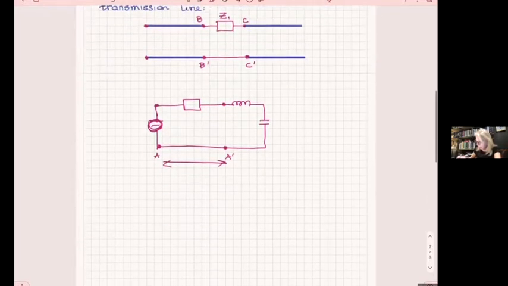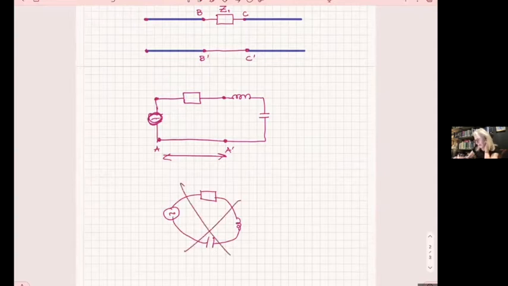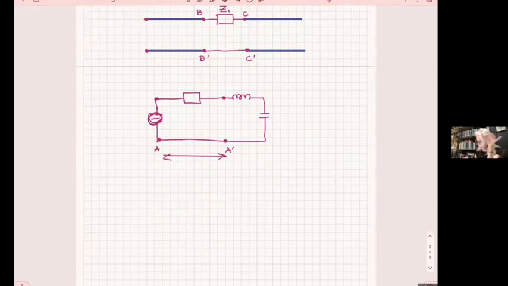Another way of avoiding this would be to do it like that, which we don't. It's just a way schematically of connecting points that are identical. They have the same voltage. So point A and A prime are identical electrically speaking.